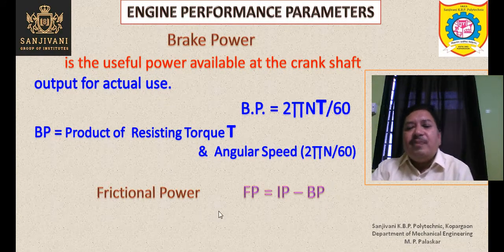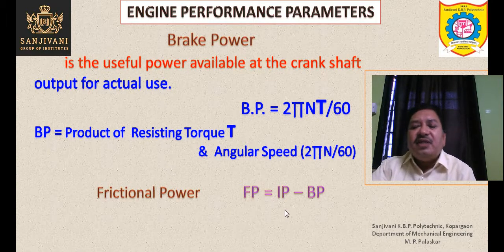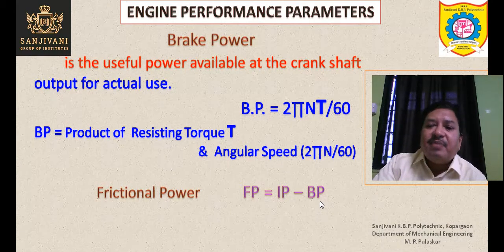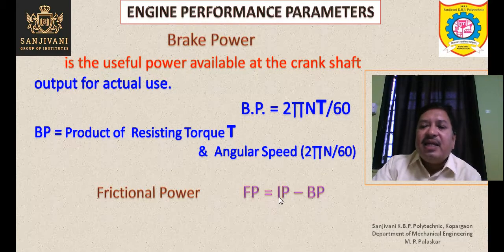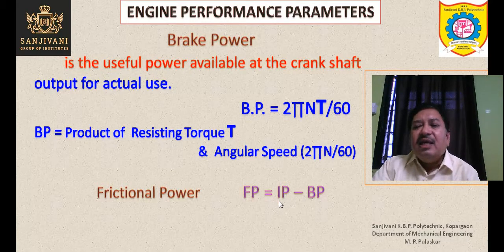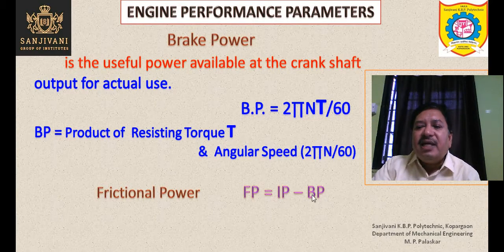Now the frictional power is the difference of the indicated power and the brake power. We have seen that the indicated power for the engine is more than the brake power, and the difference between the indicated power and the brake power is nothing but the frictional power.